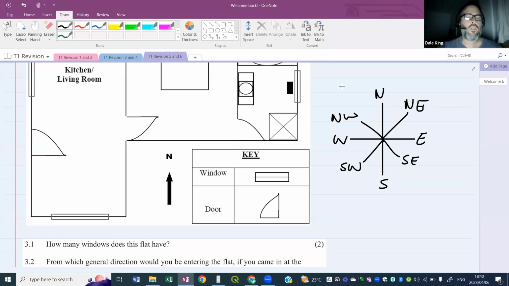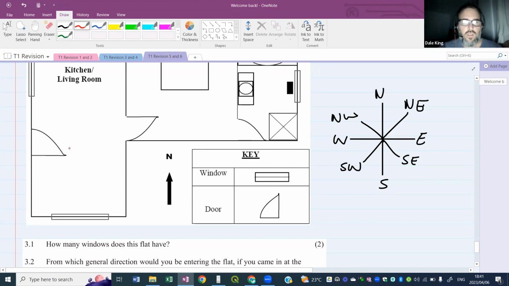Which general direction are you coming from if you're entering the flat from the living room front door? A lot of people are saying west. Very good. If you were looking at the door, the person is coming from that direction.